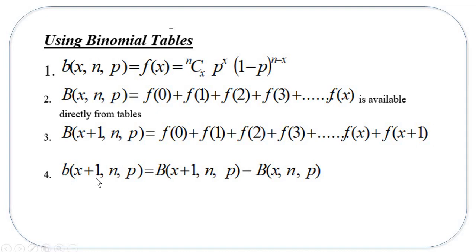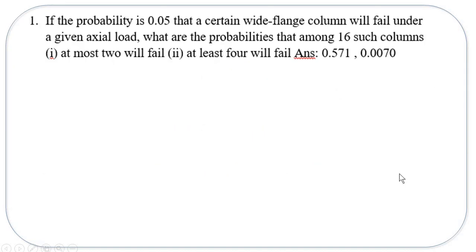So to find b of x plus 1; n, p, we have to subtract B of x; n, p from B of x plus 1; n, p. You can see these two equations. If you want f of x plus 1, you have to subtract this value from this value, so you will get f of x plus 1. We will discuss that when we are solving problems.